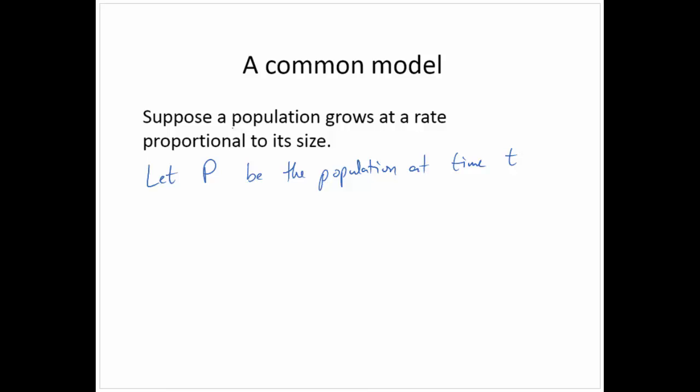Suppose a population grows at a rate. Well, that's dp dt. The population grows at a rate, and the rate is proportional to its size. So then dp dt is equal to some number times the population. The rate of change of the population is proportional to the population. dp dt is equal to kp. This is a differential equation, and in fact it's a first order differential equation.